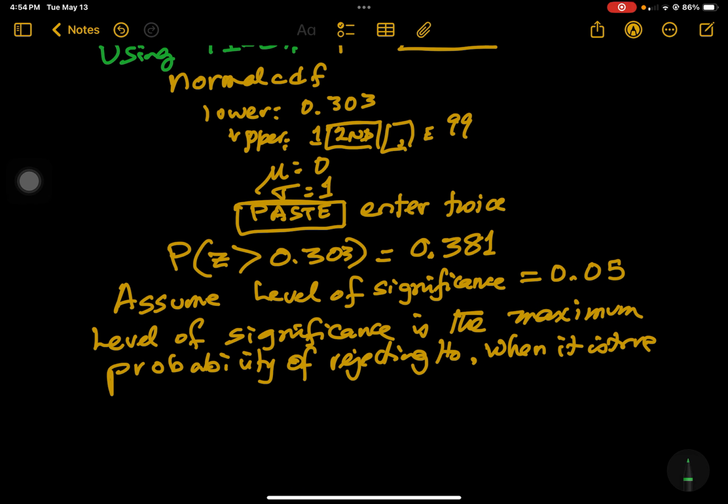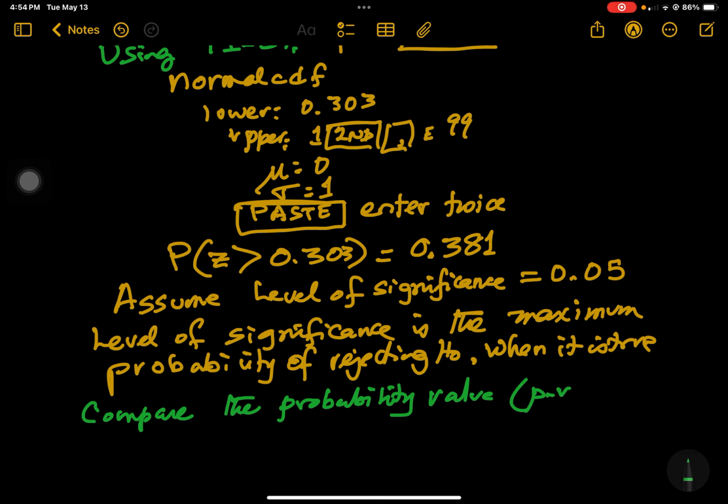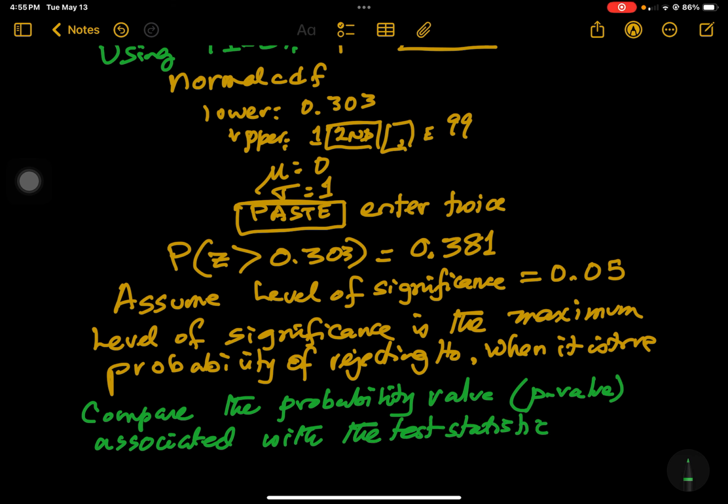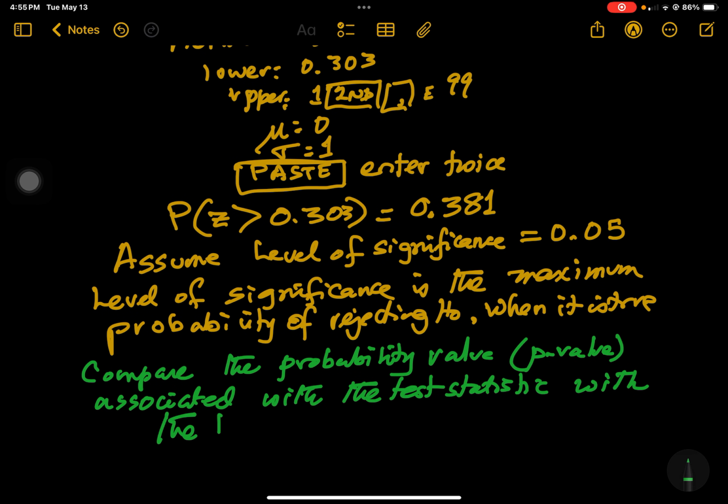Now compare this probability value, sometimes called the p-value, associated with the test statistic, with the level of significance, which is the maximum probability of making a wrong decision, sometimes called alpha.